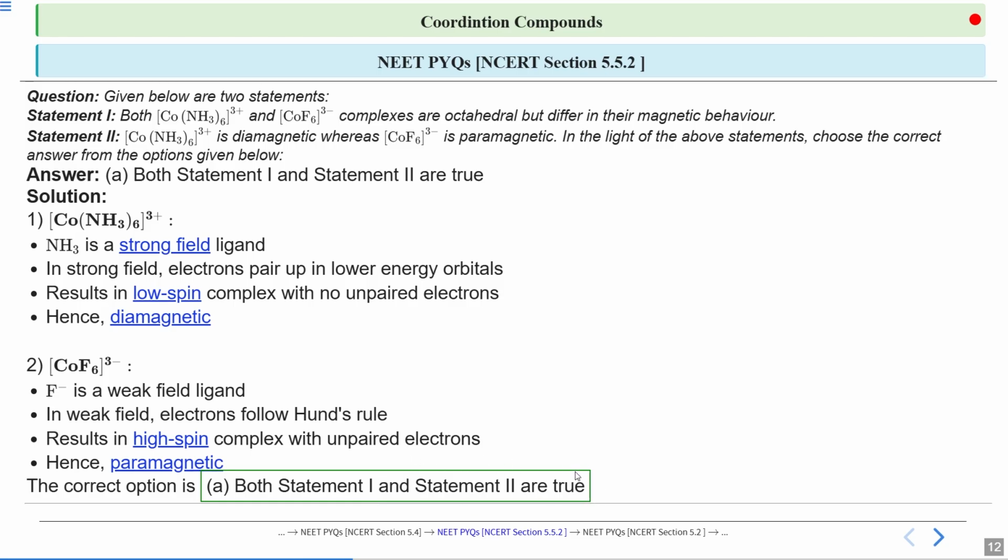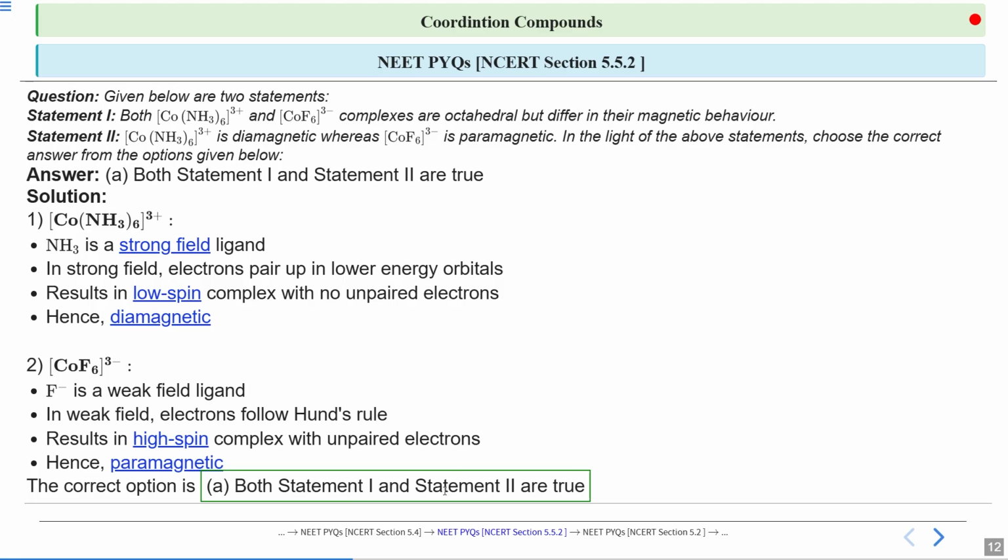Okay, because statement 1, which claims that both complexes have different magnetic behavior, is correct, and both are octahedral. This is also correct as the coordination number is 6 in both complexes. Statement 2 is also correct because the first complex is diamagnetic and the second complex is obviously paramagnetic. So both statement 1 and statement 2 are true statements. So the correct answer will be option A.